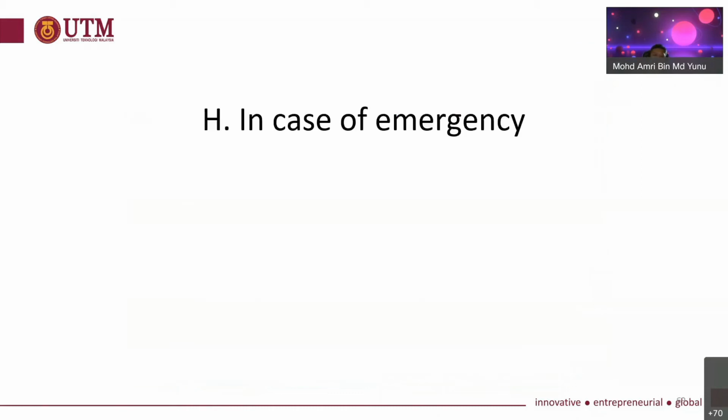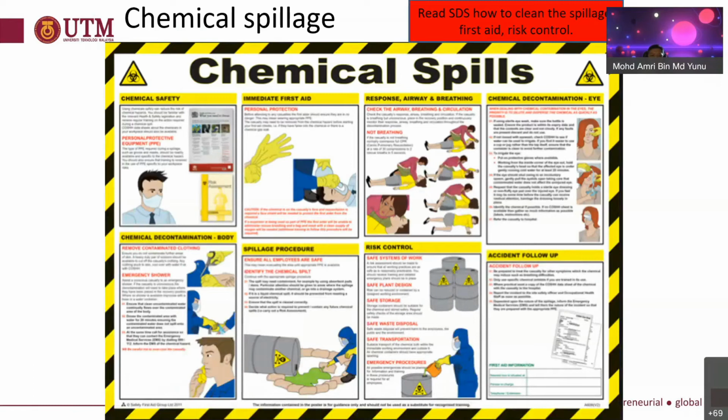In case of chemical emergency, this is the instruction. First, you need to be aware of which emergency response should be taken. So you need to read the MSDS, the material safety data sheet.